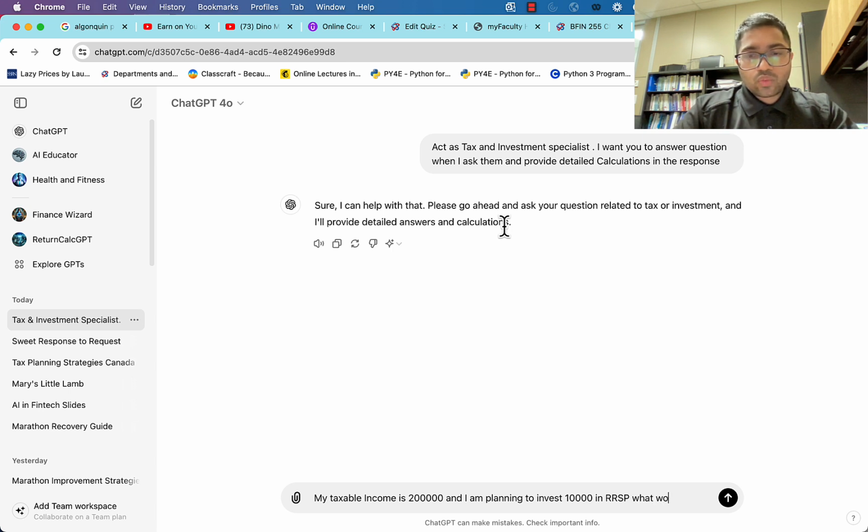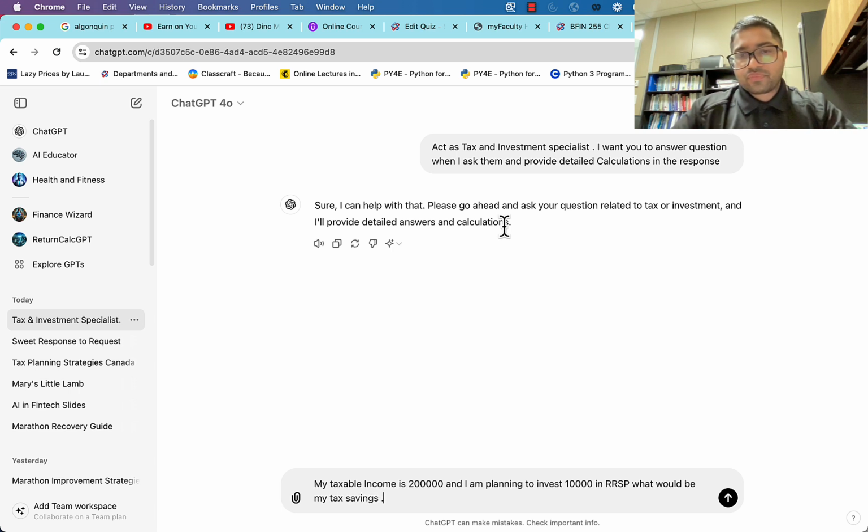What would be my tax savings? So once again, when you put money into RRSP, based on your taxable income, you will get certain tax savings. So I want to know that. So let's see what happens.